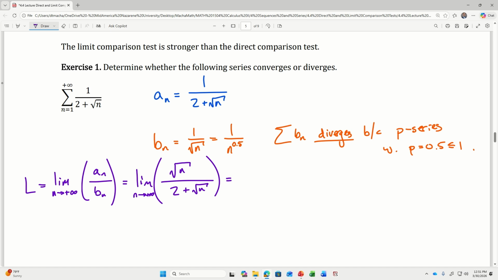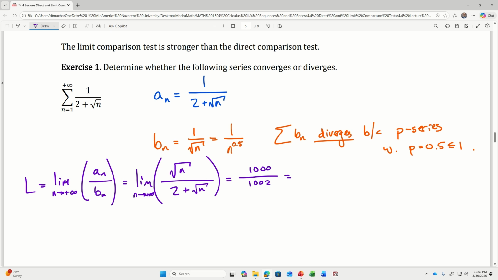Like I've got square root of n divided by square root of n plus 2. So imagine n is the number 1 million. It's a really, really big number. The square root of a million is like 1,000, right? What's an even bigger number? A trillion?